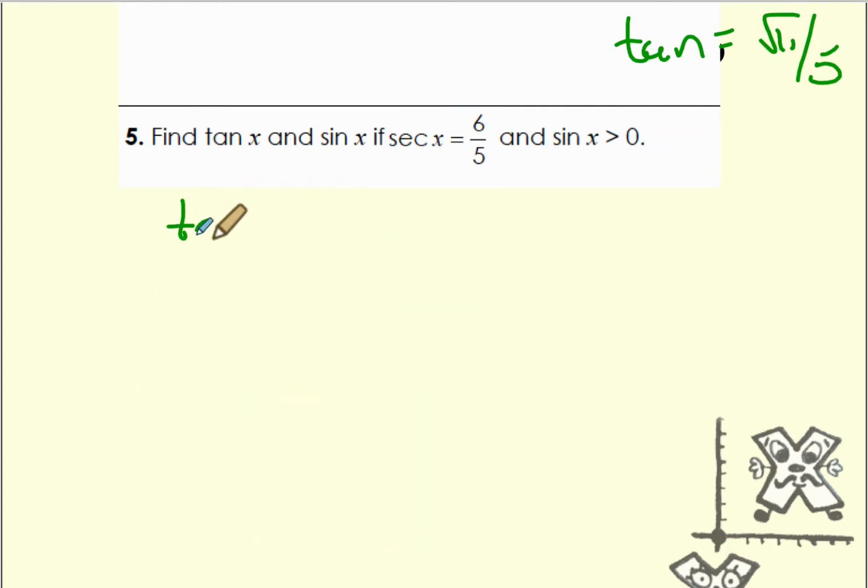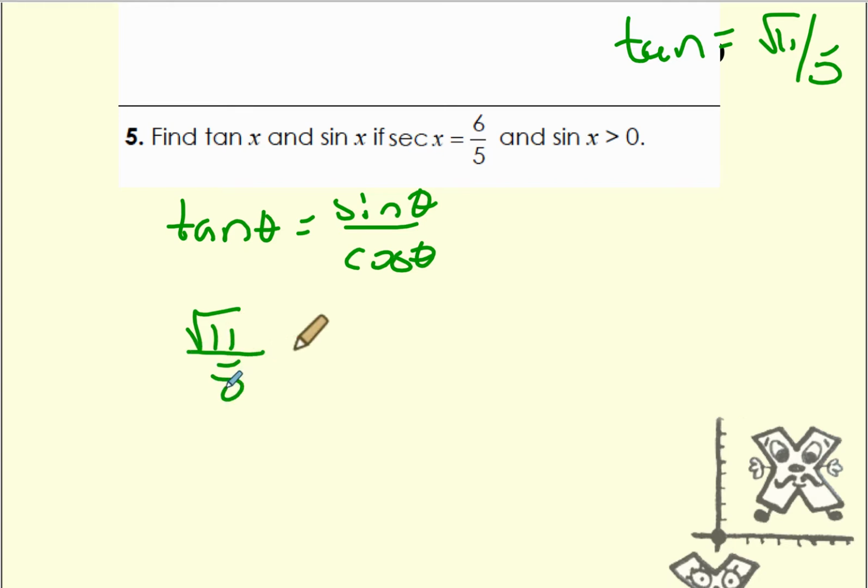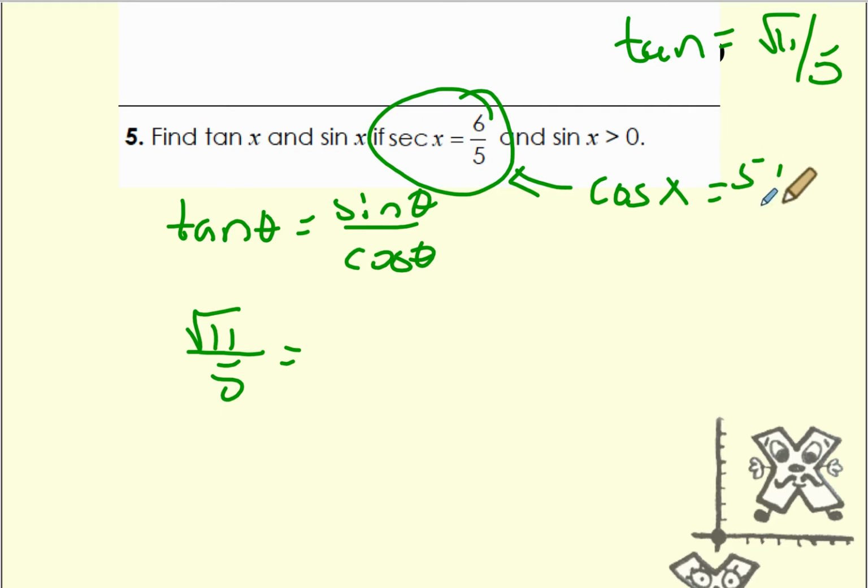So we know that tangent is sine over cosine. Which tells us that we have, so far, square root of 11 over 5 is equal to sine over the cosine. The secant tells us the cosine because secant is the reciprocal. So the cosine of the angle x has to be equal to 5 over 6. But we don't know what the sine is right now.